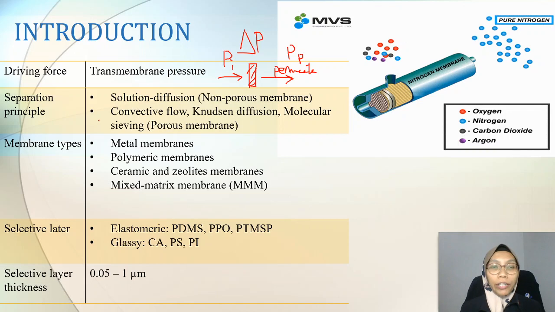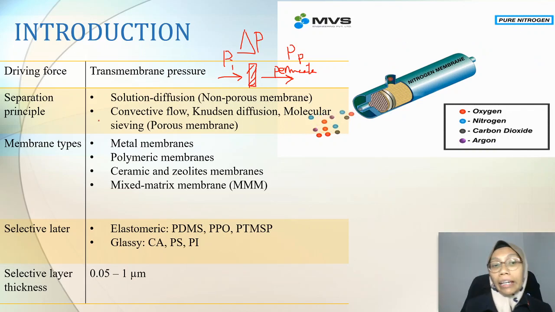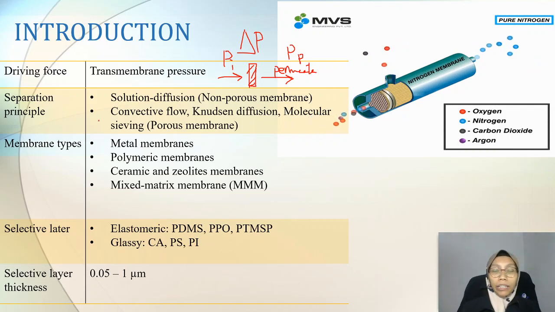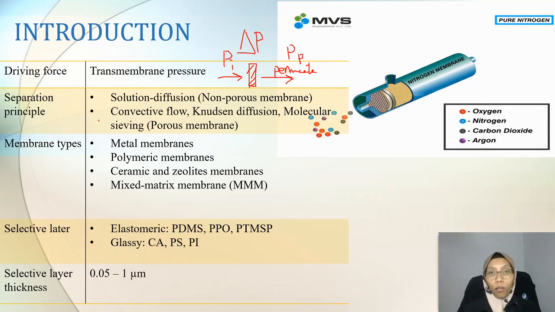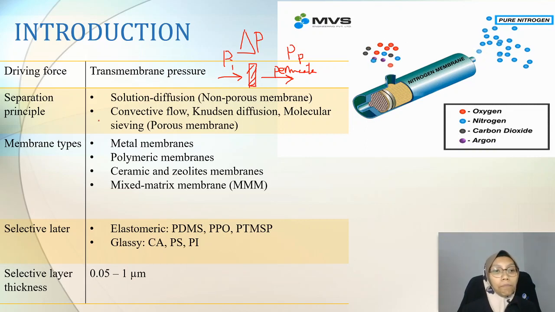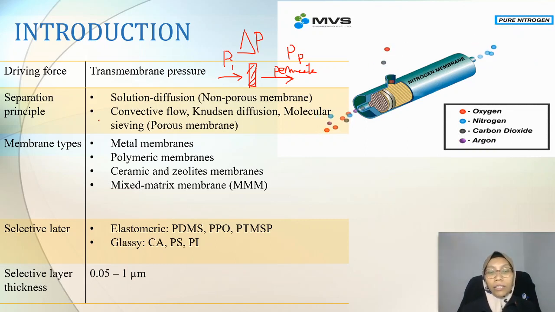Basically in gas separation, there are four types of membrane that can be used: one we call the metal membrane, second is the polymeric membrane, thirdly ceramic and zeolite membrane, and finally the mixed matrix membrane. Now, the selective layer. What does the selective layer mean?